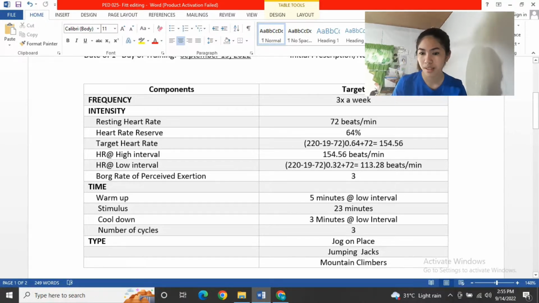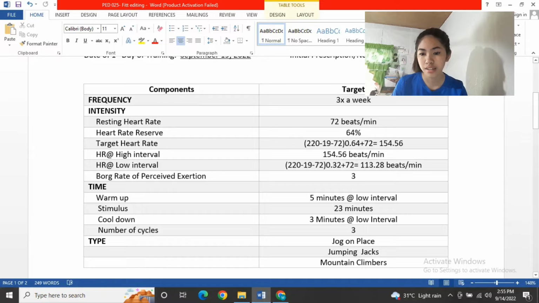So let us begin. Frequency, I will do 3 times a week, and intensity, I have a resting heart rate. When I woke up in the morning, I tested my heart rate, and it ended up 72 beats per minute. So my heart rate reserve is 64%.